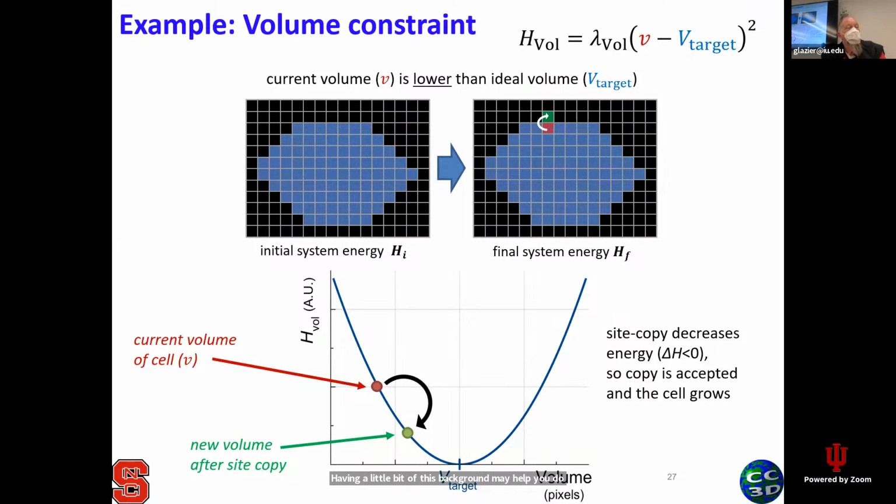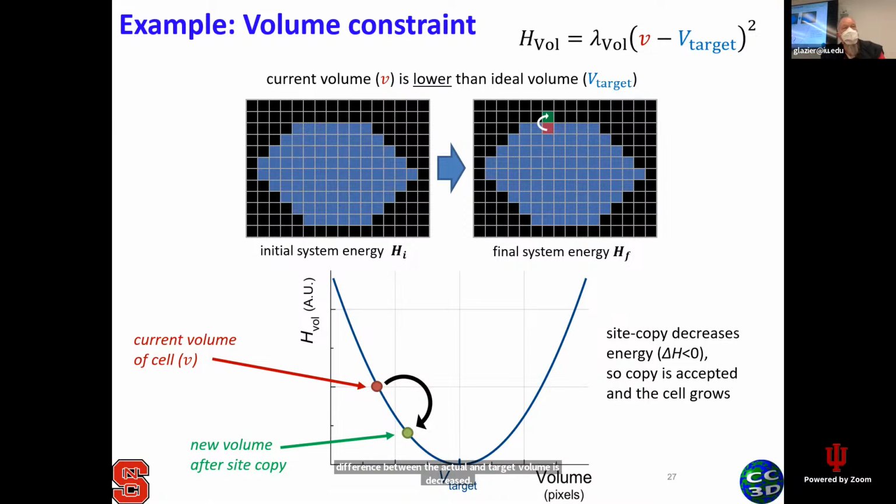So suppose that the current volume of the cell is V, and the actual volume is smaller than the target volume. And now the cell tries to extend itself by 1 voxel. Well, my actual volume has increased, so my energy penalty has gone down because the difference between the actual and target volume has decreased.